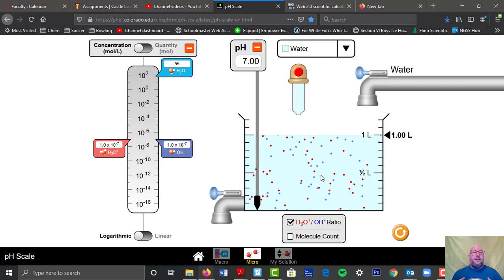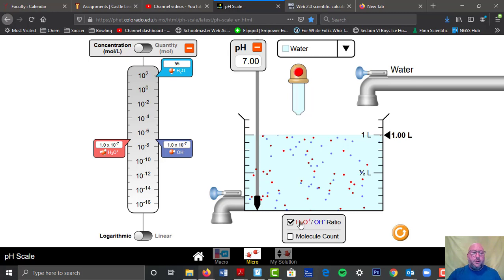Now you might have thought going into this that water is just water, it's just H2O molecules. And that would have been a good assumption leading up to this because we really didn't talk about equilibrium and we didn't get into collision theory up until the last unit. But what really happens in water is the water molecules collide with one another, they react with one another, and when they self-react, they transfer a hydrogen.